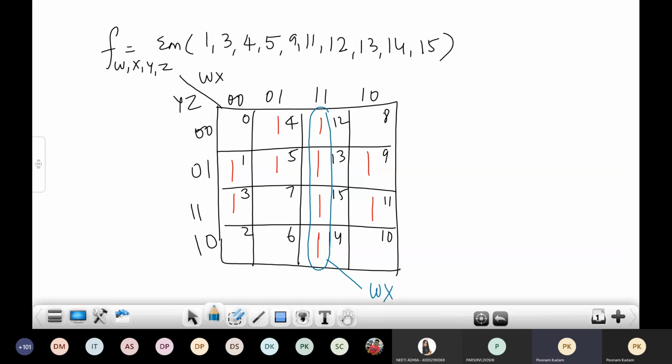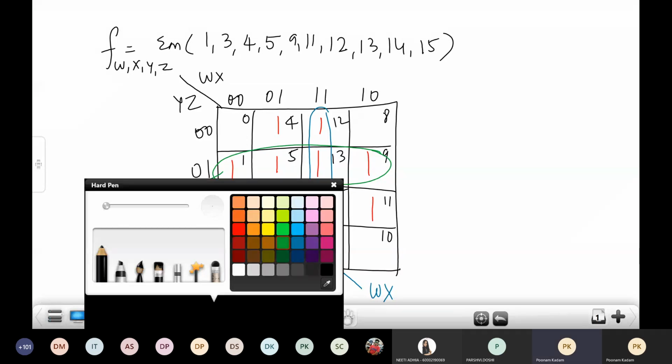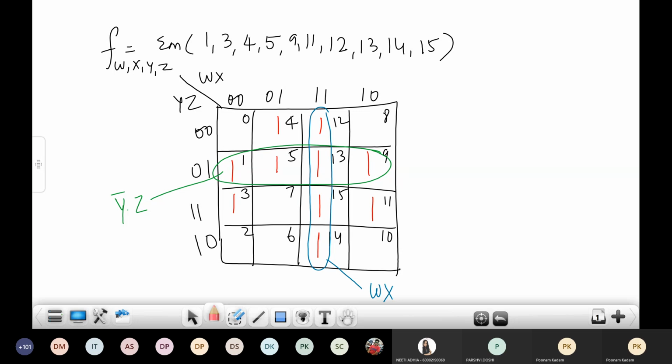Another group of 4 cells gives the product term Y bar dot Z. Then we can also combine these four cells, and the product term is X dot Y bar.